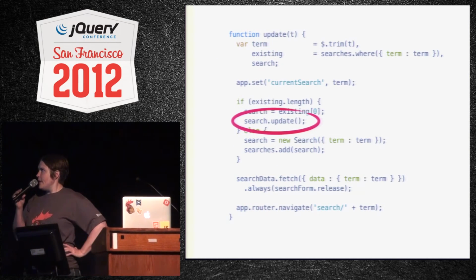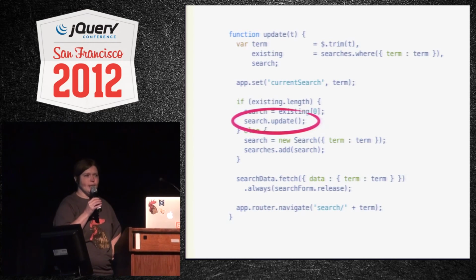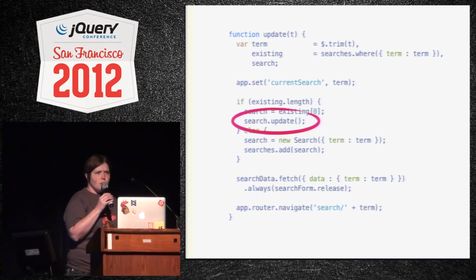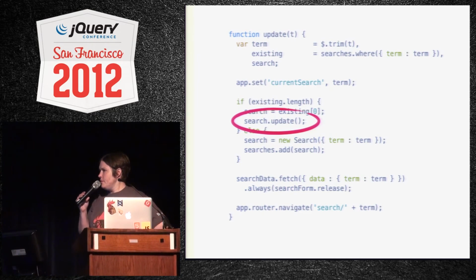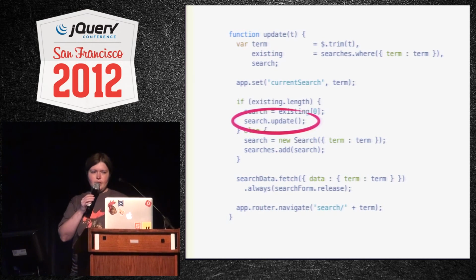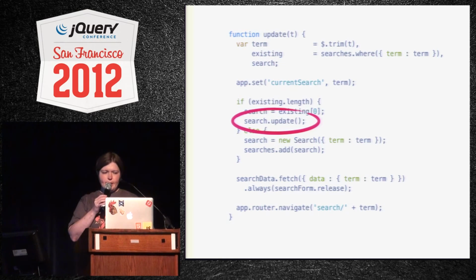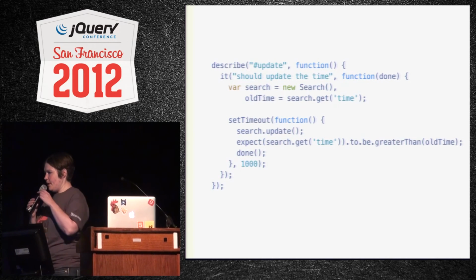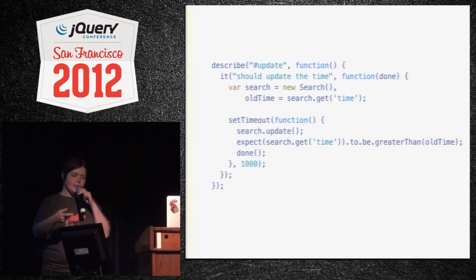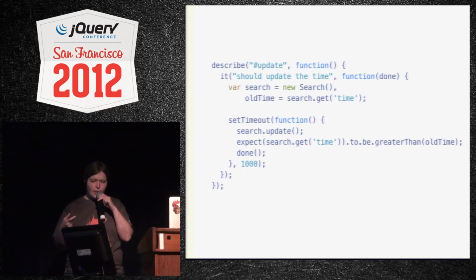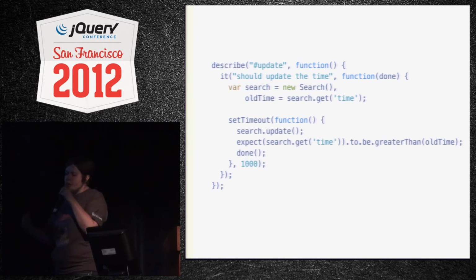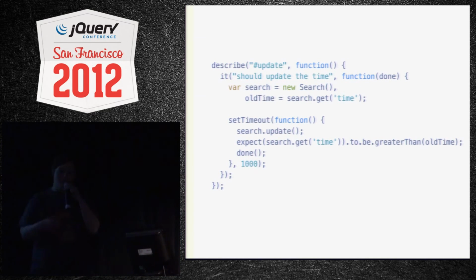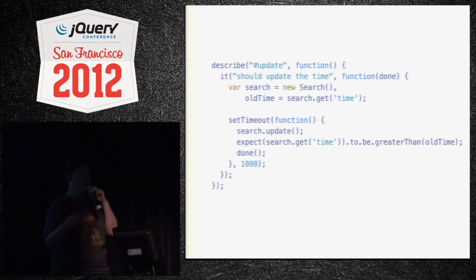a test that says, hey, can we verify that when there's a new search made, the time on, so what happened there is that if a user searches for a term that they've searched for before, then we don't make a new entry in the recent searches.